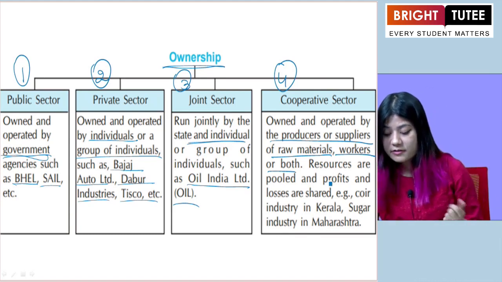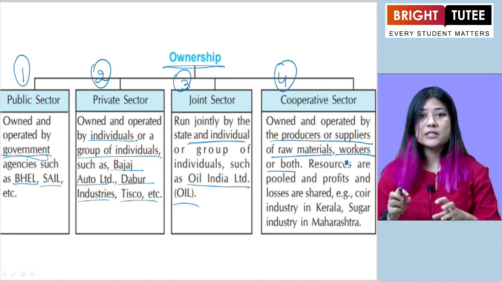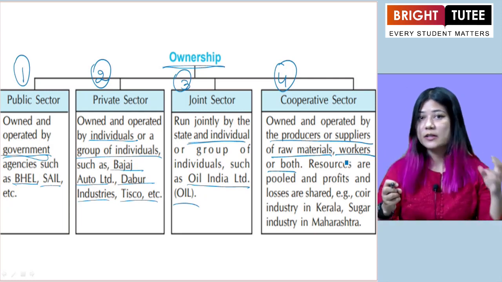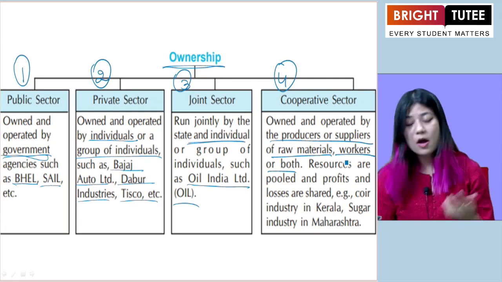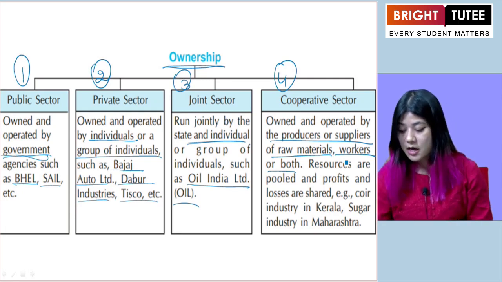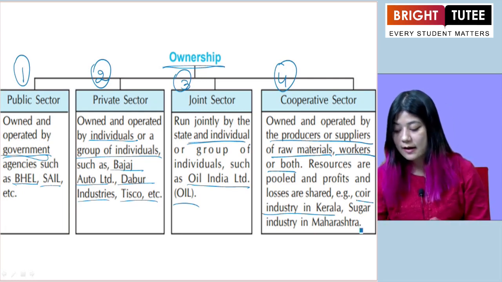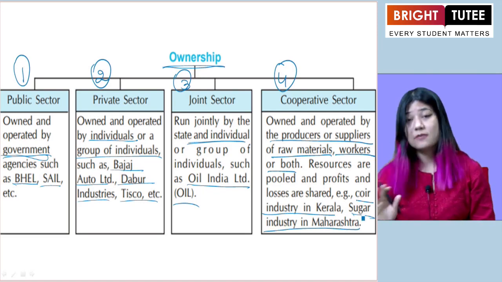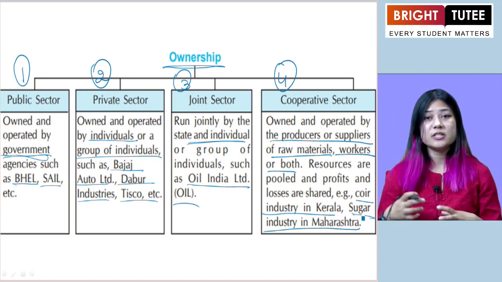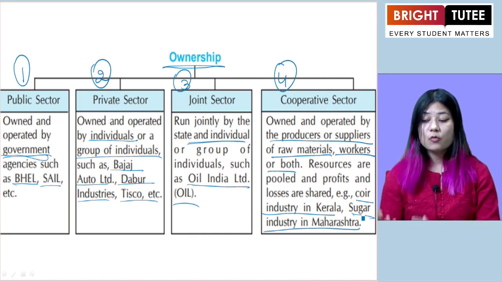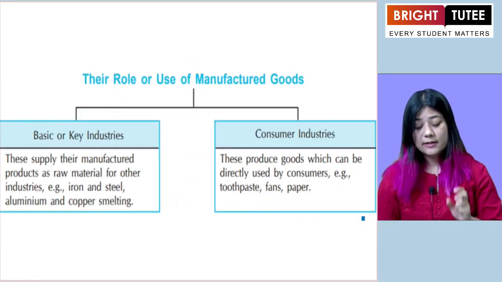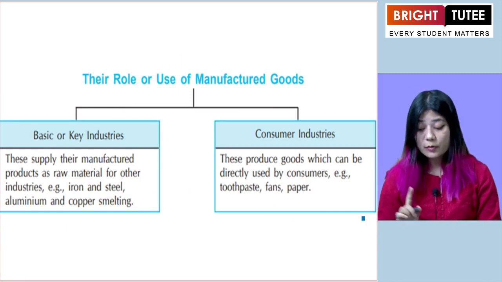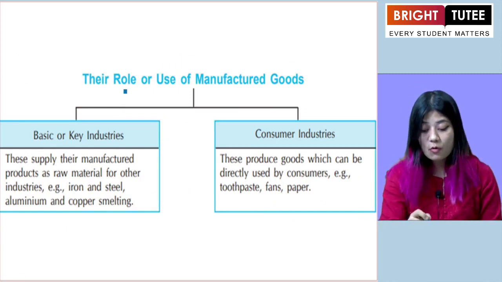Here resources are pooled, so the investment is made in such a way that everyone contributes their bit and the profit is then shared, or losses are also shared. So the coir industry in Kerala and the sugar industry in Maharashtra are all industries that belong to the category of cooperative sector.